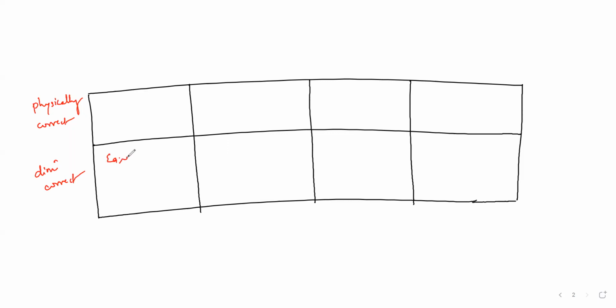They are giving you an equation. Equation is dimensionally incorrect. Then what will happen to physically correct thing? Then equation is dimensionally correct. Then what will happen? Equation is physically correct.